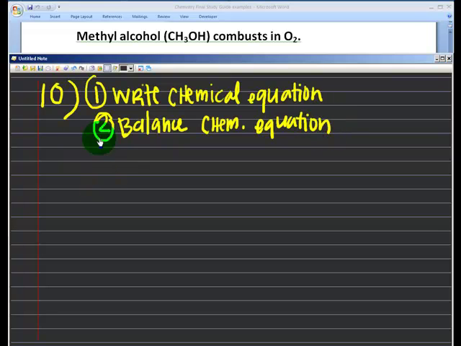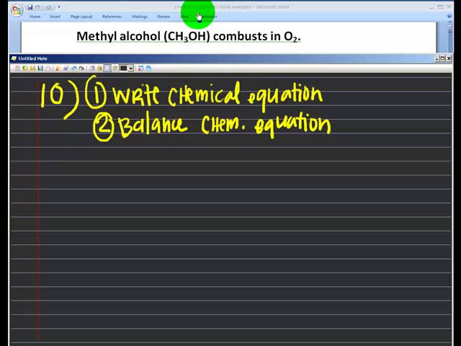Now let's look at what it says. It says methyl alcohol CH3OH combusts in O2. So automatically you see that methyl alcohol CH3OH reacts with oxygen gas or O2.